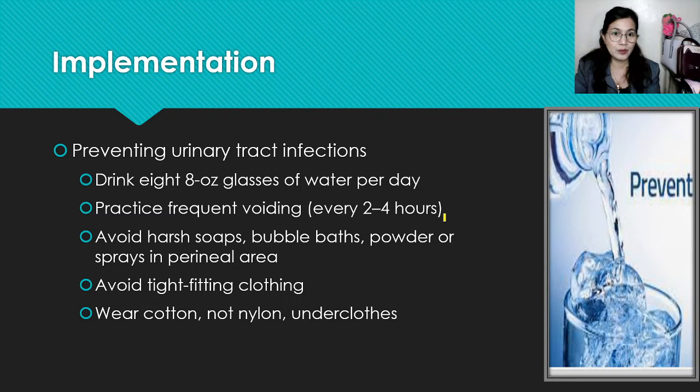Practice frequent voiding every 2 to 4 hours and avoid applying harsh soaps, bubble baths, powder, or sprays in the perineal area. Also avoid tight-fitting clothes. Wear cotton, not nylon underclothes.